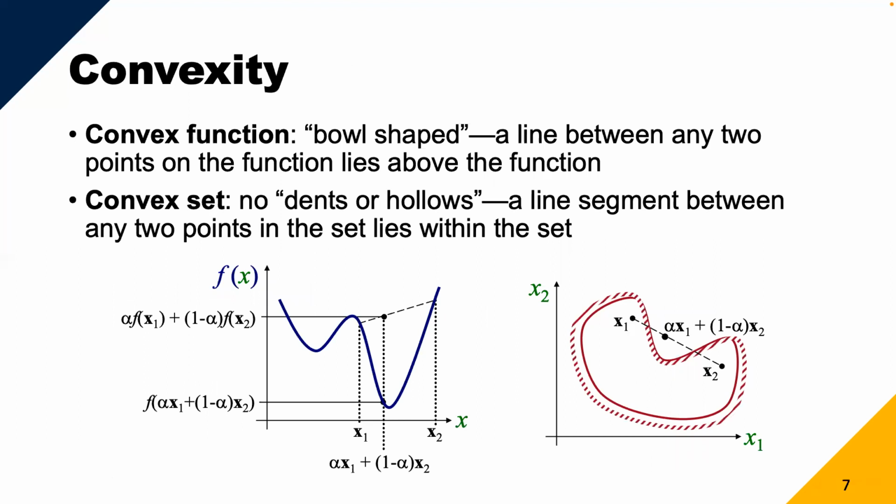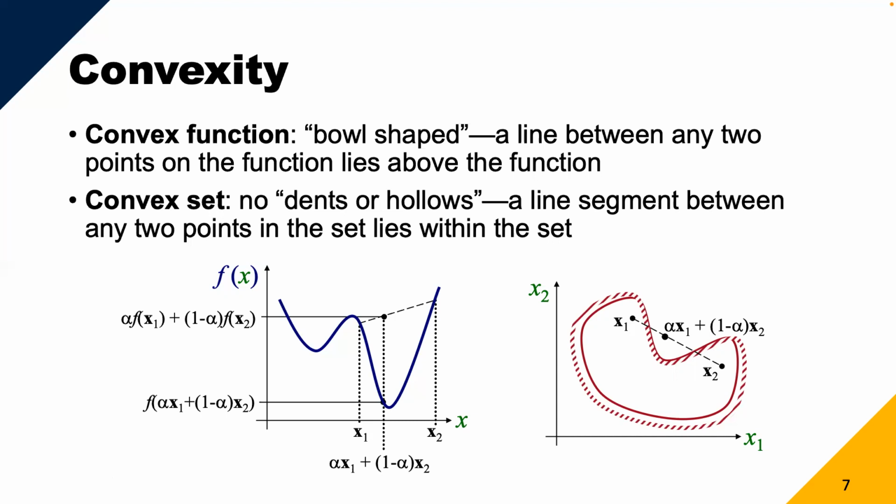Another important property of optimizations is known as convexity. A convex function is something you can think of as a bowl shape. We're just going to talk strictly about definitions for a second.